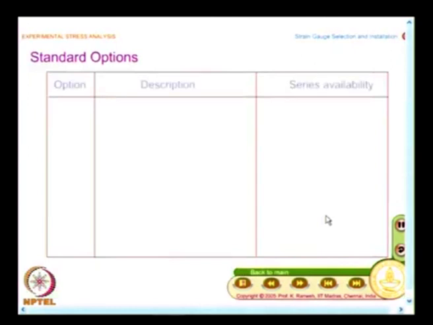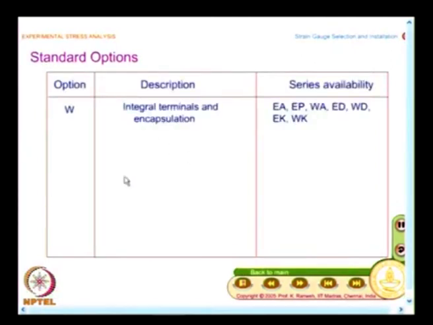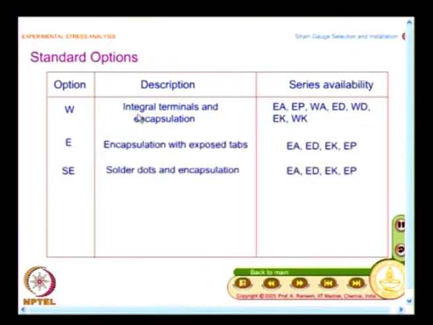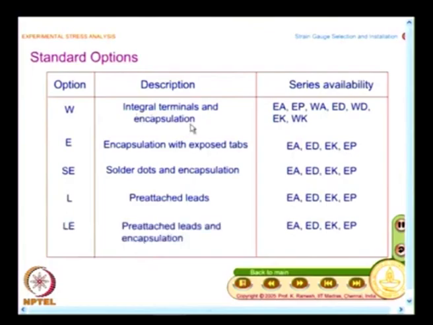So, when you look at the options, I have W, which is integral terminals and encapsulation, and when I have L, it is like pre-attached lead wires, and if I put LE, it is pre-attached leads and encapsulation. So, the idea is to emphasize for special applications, look for suitable options to minimize your effort in installing the strain gauge.